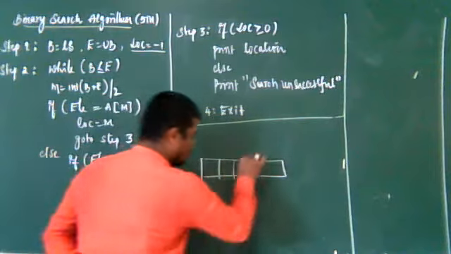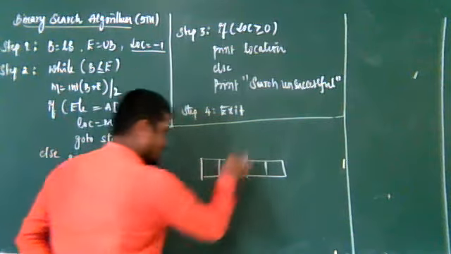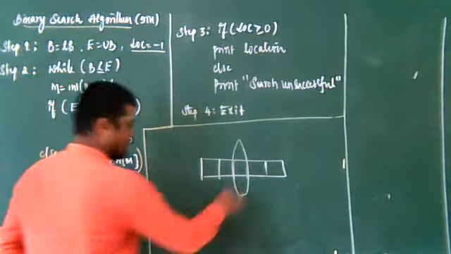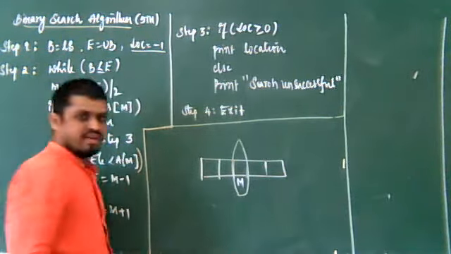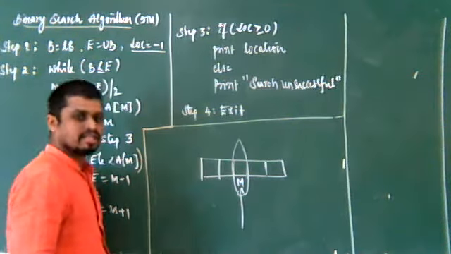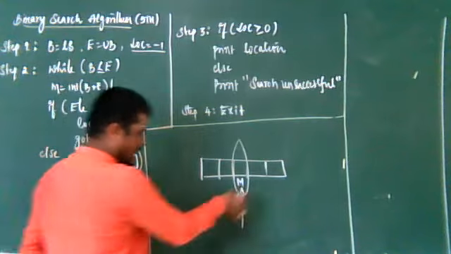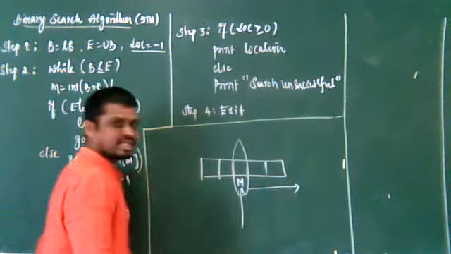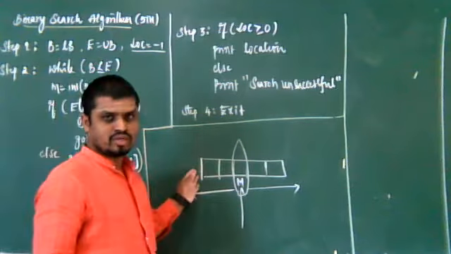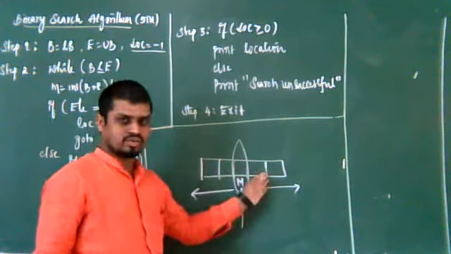This is my memory block. What I have told is, first you need to find the middle value. If your searching element is not present at the middle position, then you need to go either in the forward direction or the backward direction. First, you define the memory block with some values.